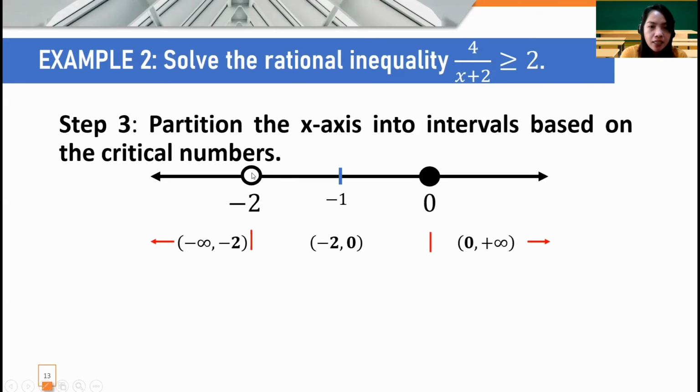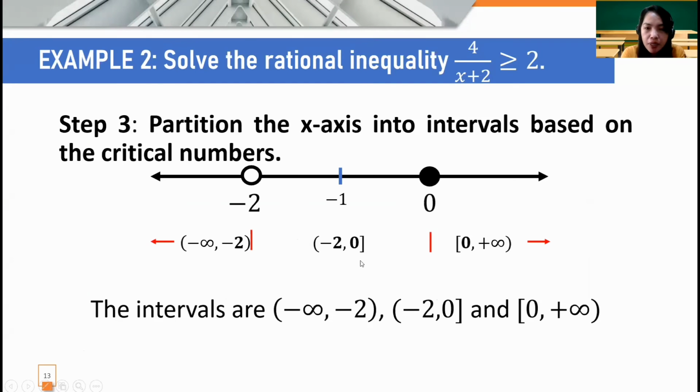Since ginamit natin sa taas ng negative 2 ay open circle, so gagamit tayo ng parenthesis. From negative 2, katabi ng negative 2, parenthesis kasi open circle, to 0. 0, shaded circle, so we're going to use a bracket. Bracket here because 0 can be included in the solution set, and from 0 to positive infinity. Take note, ang katabi ng 0 ay bracket.